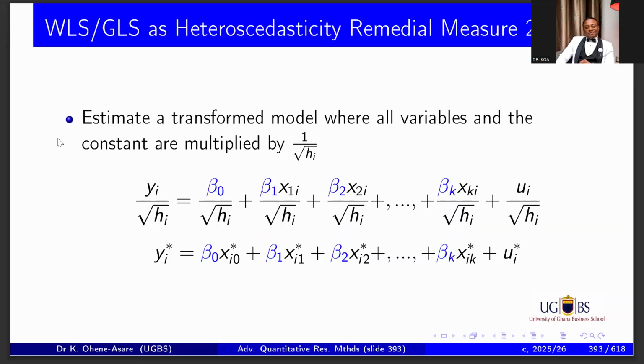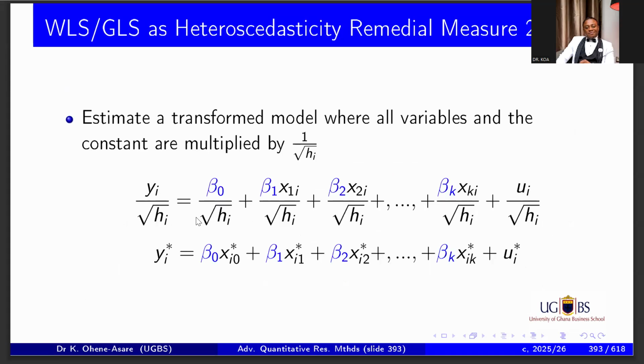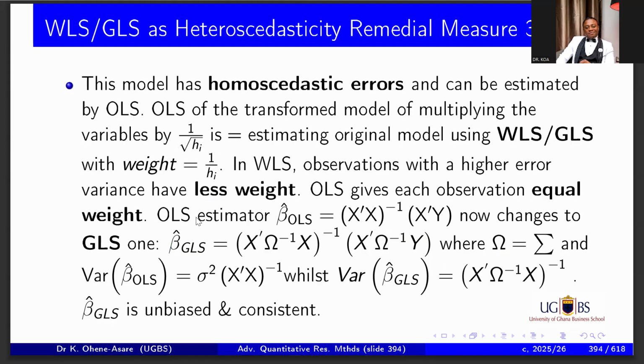So for the WLS, you estimate a transformed model where all the variables and the constant are multiplied by a certain value. You multiply through by a certain value, you get a new Y, starred to differentiate it from the OLS. This model is going to be homoscedastic no matter what, and that is why it is important. But it has a sister.